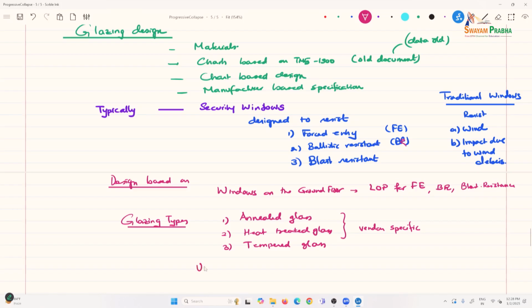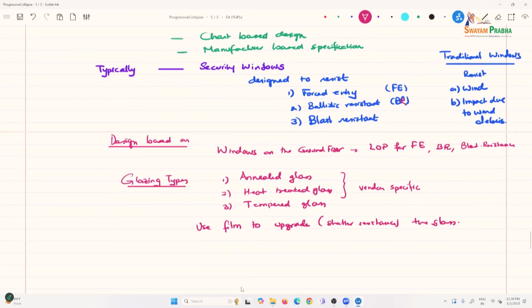You can use film to upgrade your shatter resistance of the glass that you have. There is no, not that I am aware of, very specific design.